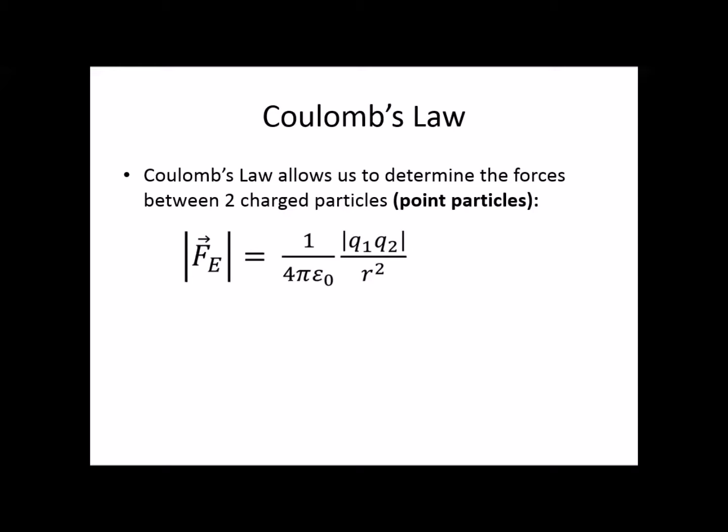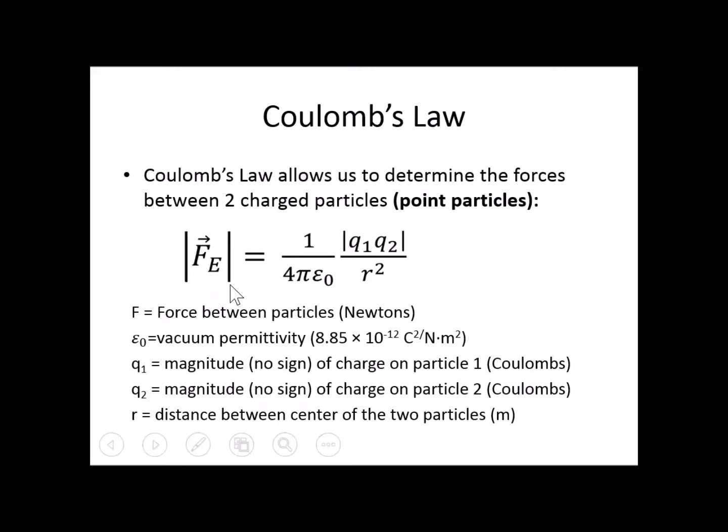This is the equation for Coulomb's law from your AP Physics 2 equation sheet. It says the magnitude of a force, an electric force, or the force between particles, which is measured in newtons, is equal to 1 over 4 pi epsilon naught. And epsilon naught is called vacuum permittivity. This value is on your equation sheet, so you don't need to learn it.